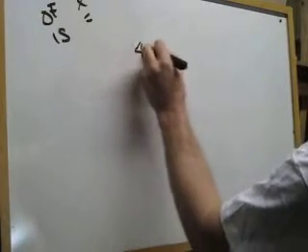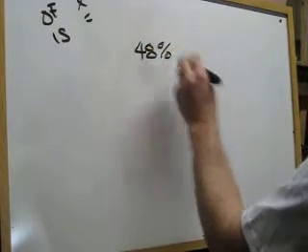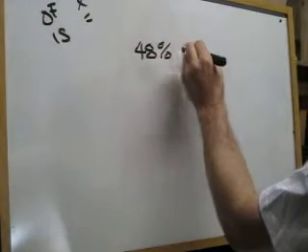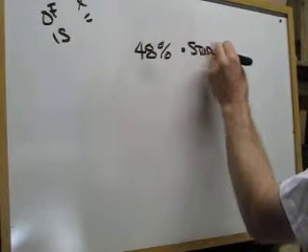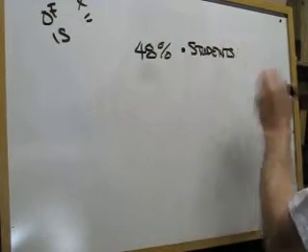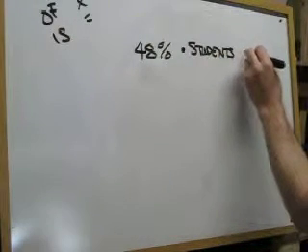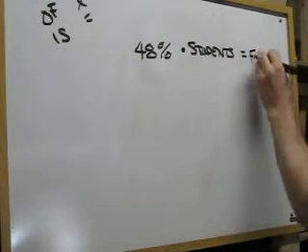Look at what we've got at the top. 48% of the students. What are the students? Those would be the guys and the girls. So 48% of all the students are female, so equals female.